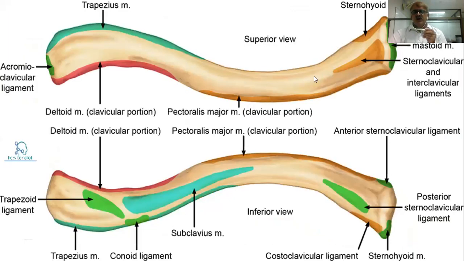Looking at the attachment of the muscles, you can see that this bone has attachments on the medial side. On the medial side we have four surfaces. The superior surface has the attachment of the sternocleidomastoid muscle, which goes from the sternum and clavicle to the mastoid process.